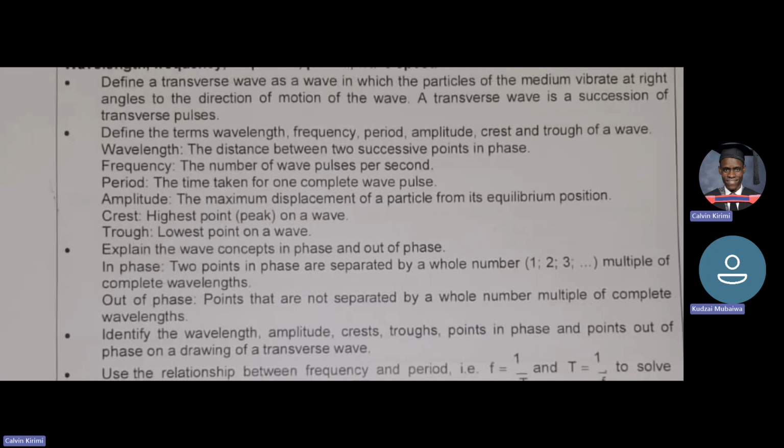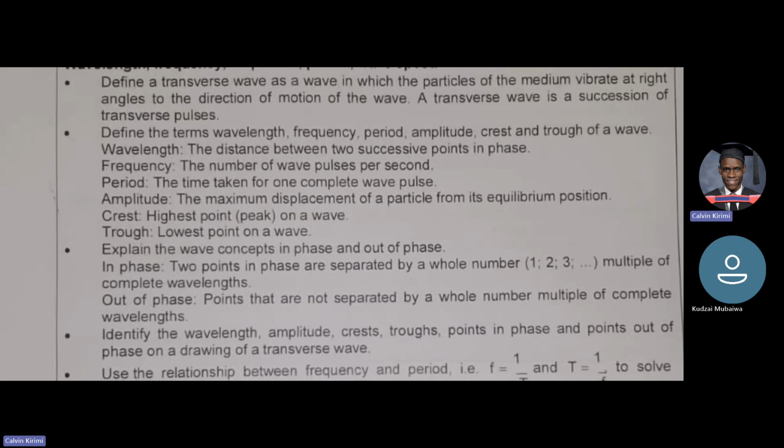Troughs are the ones which are the lowest points. So the crest is the highest point of a wave, and the trough is below, which means the lowest point. So if a crest is 2 meters, then the trough will be minus because it's below the initial point. Any question there? No, sir.